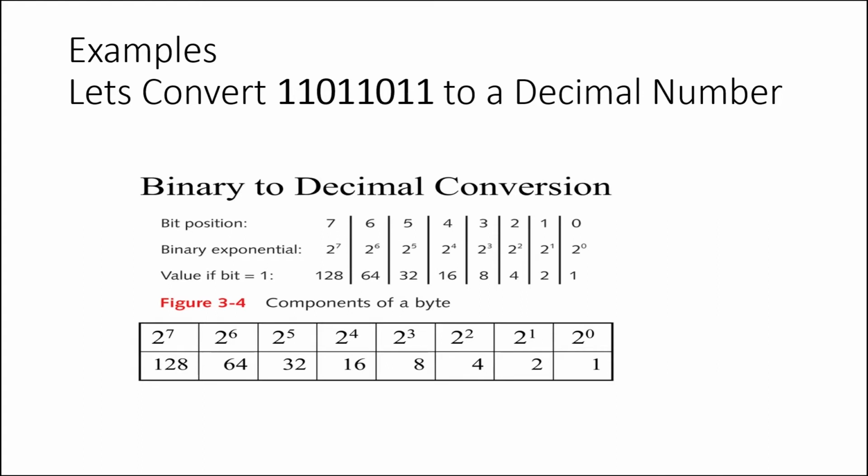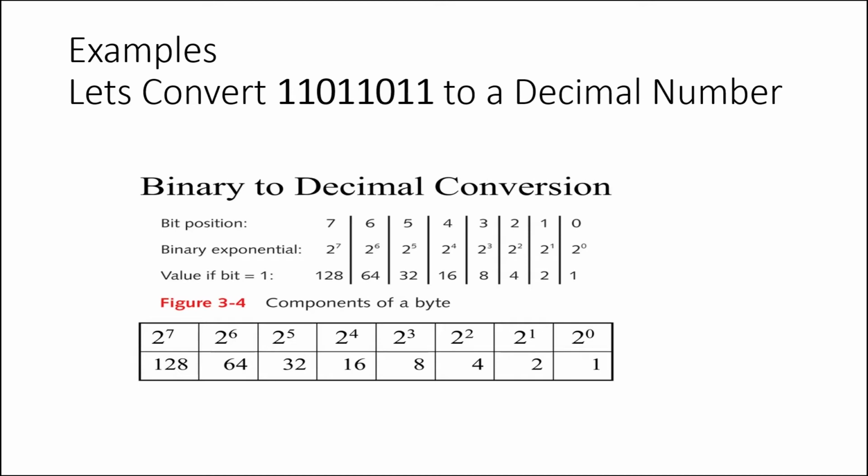So each position bit has a decimal value if the bit is equal to 1. If the bit is equal to 0, the value is 0, and nothing to talk about that. So what will be the decimal value of each bit if the bit is equal to 1? Let's have a look at this screen from right to left.